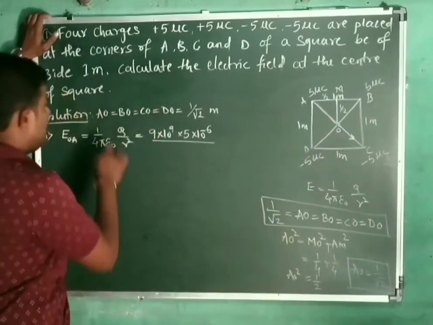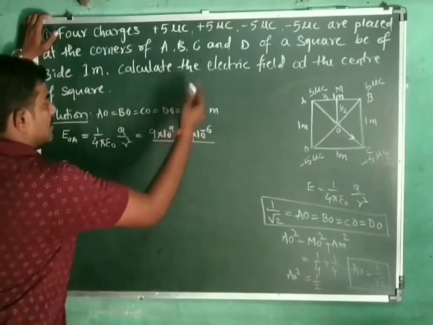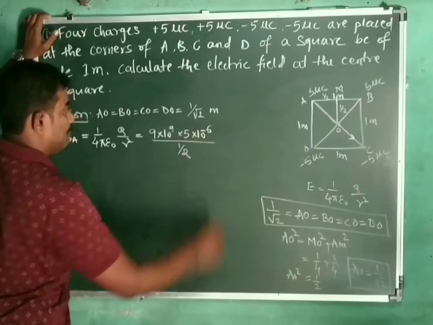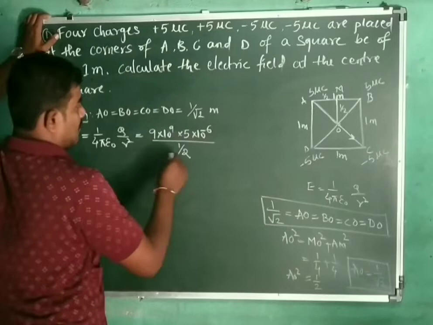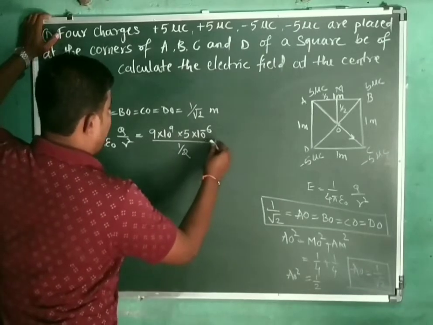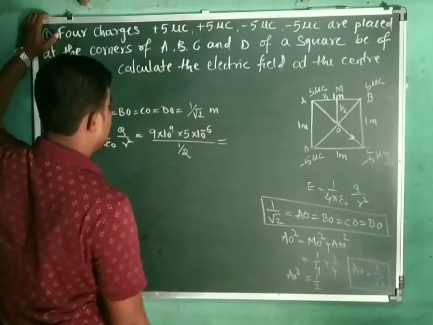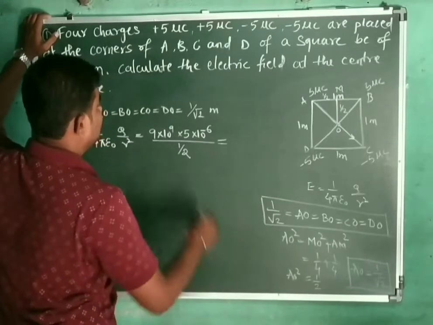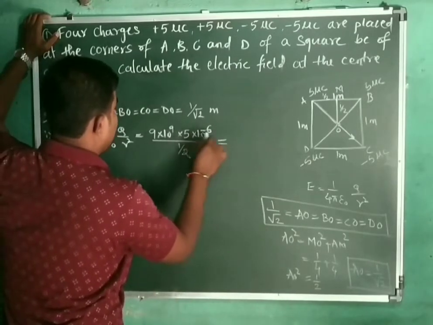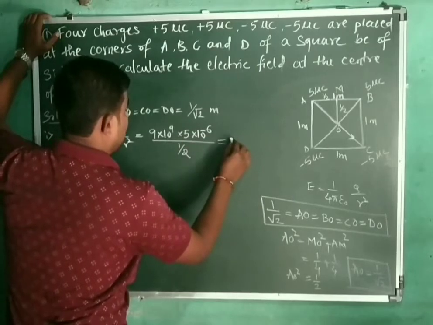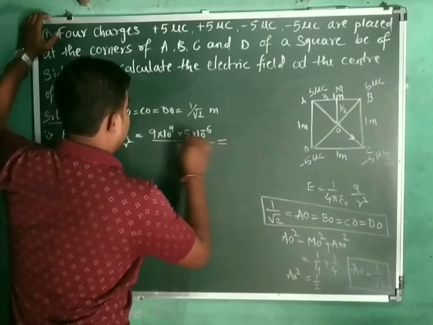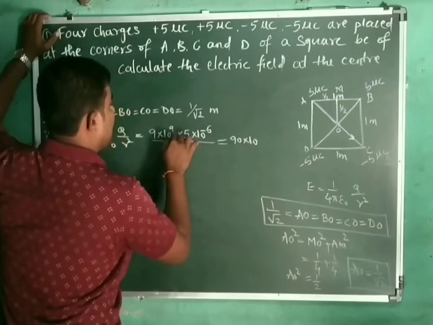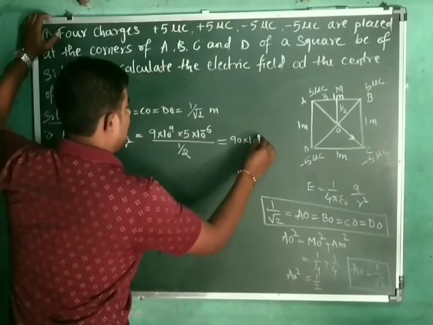AO is how much? It is 1 divided by root 2. If I square this, then it is going to be 1 divided by 2. So it is 90 into 10 to the power 9 and minus 6, it is plus 3.